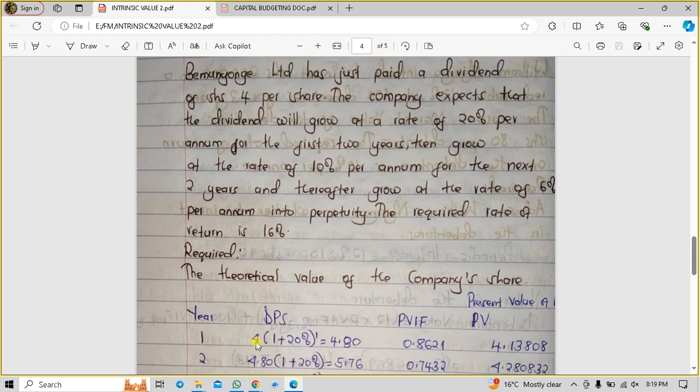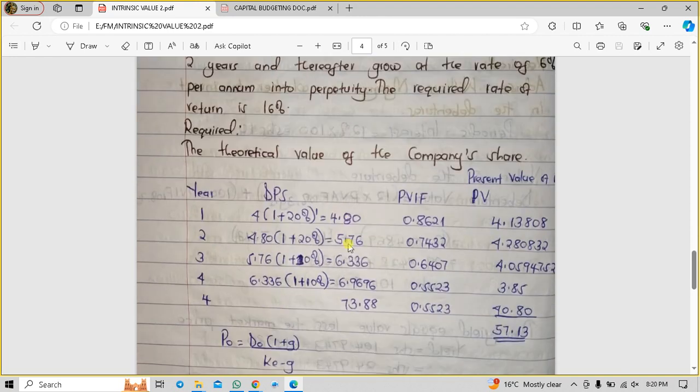So we have 4 into bracket 1 plus 20%. The growth rate for the first 2 years is 20%, so here we have 4.80.